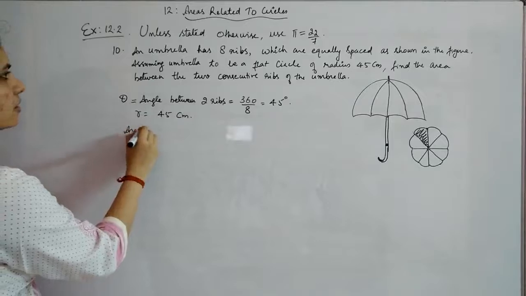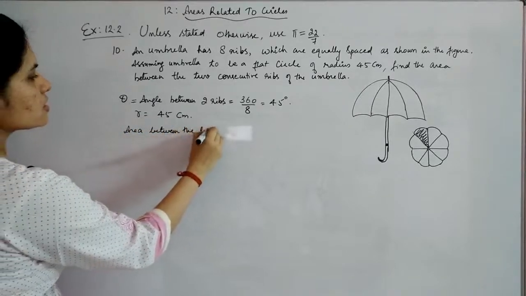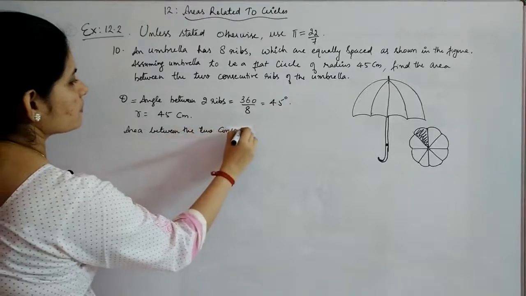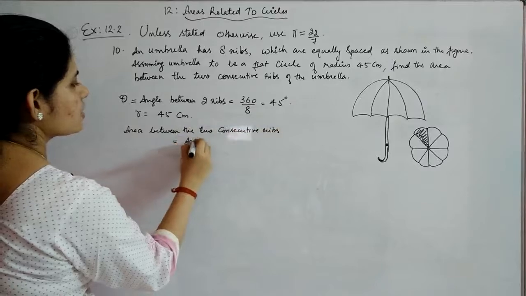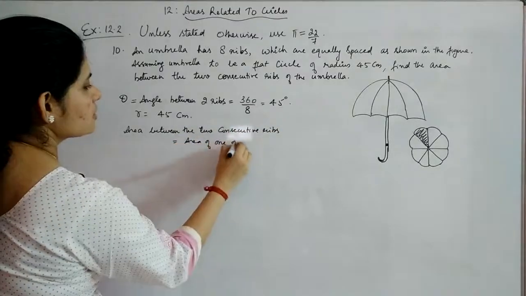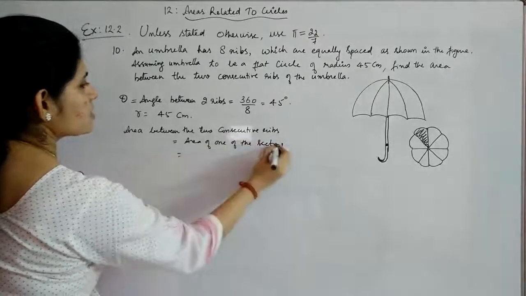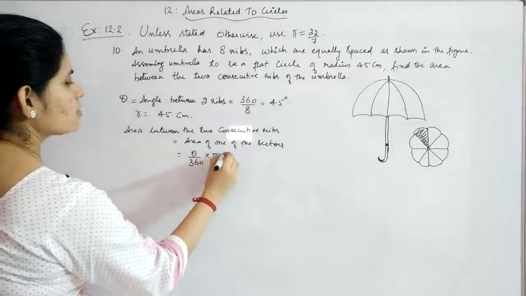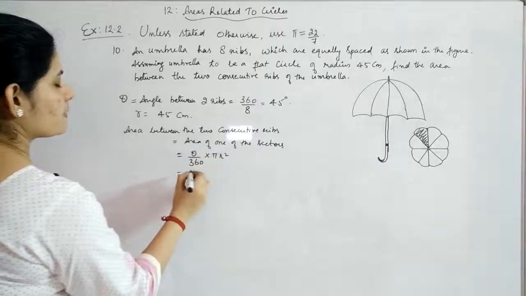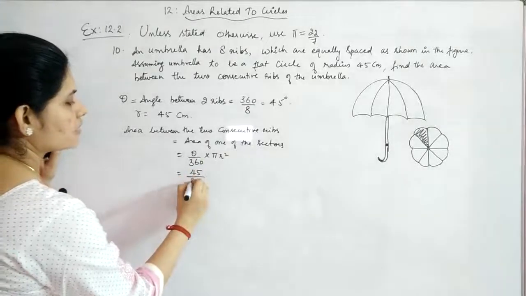Now area between the 2 consecutive ribs of the umbrella is equal to area of one of the sectors, which is equal to theta by 360 into pi r square, which is equal to, now theta is 45 by 360.